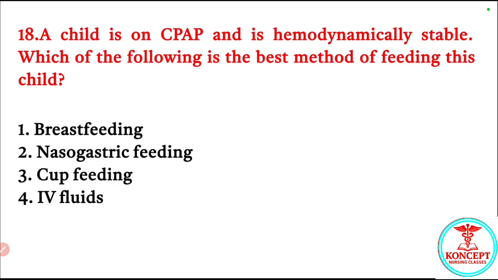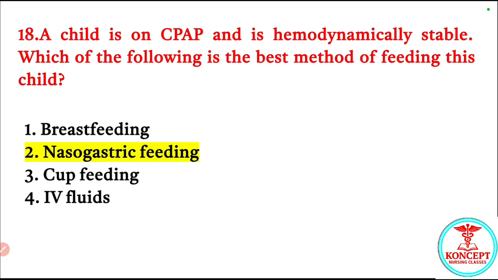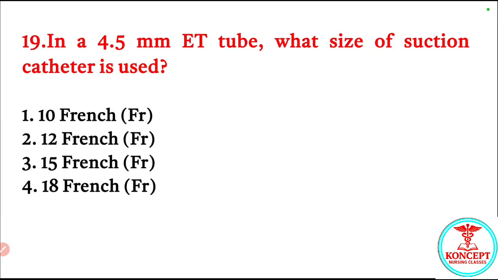Next, a child is on CPAP and is hemodynamically stable. Which of the following is the best method of feeding this child? Correct answer is option 2, nasogastric feeding. Next, in a 4.5 mm ET tube, what size of suction catheter is used?